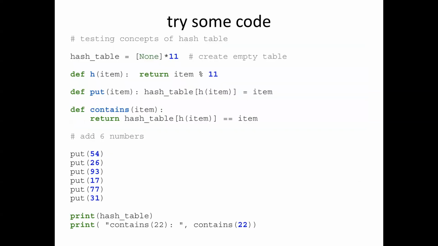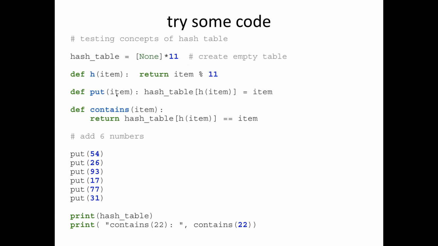Now let's define it in Python. In Python, we just use a list to represent a hash table. Initially, these 11 slots are all None. The hash function simply takes an item, which is an integer, and returns the item modulo 11, which gets hashed to a value between 0 and 10.